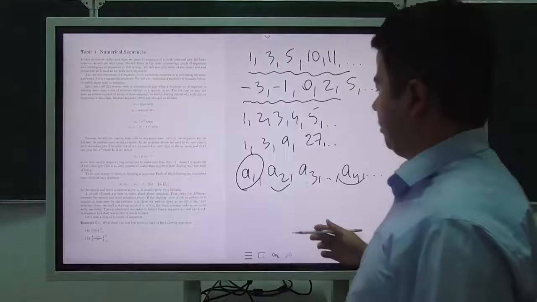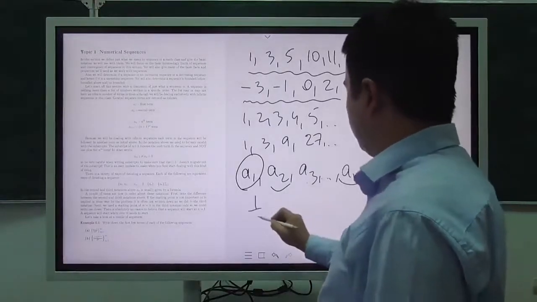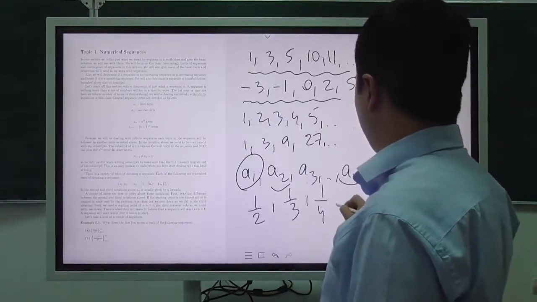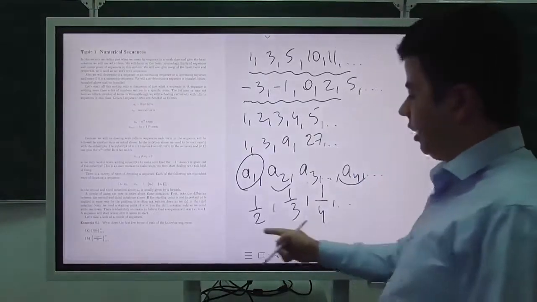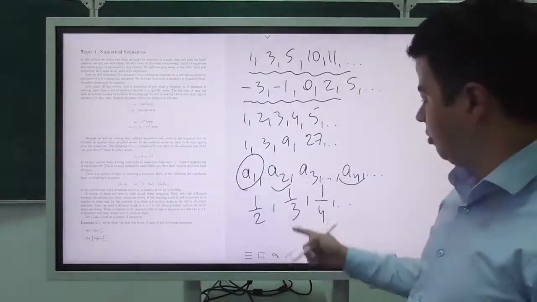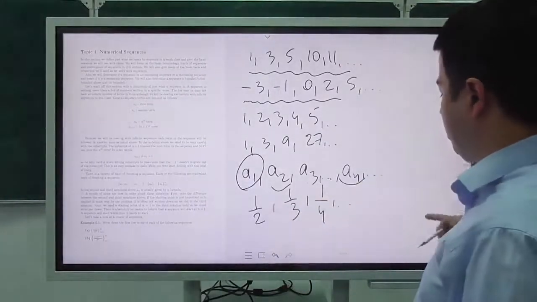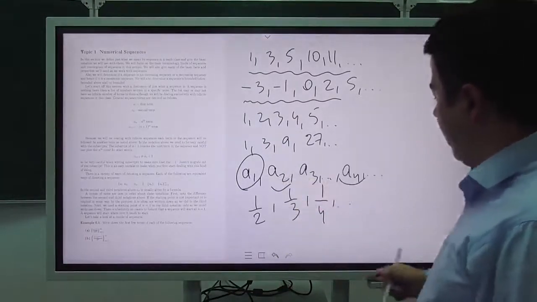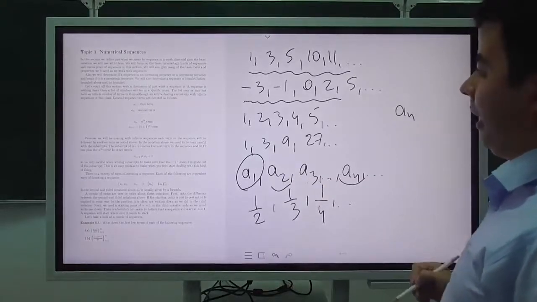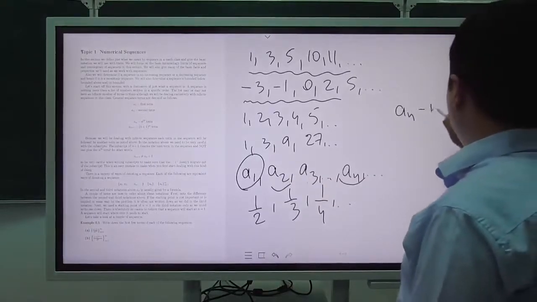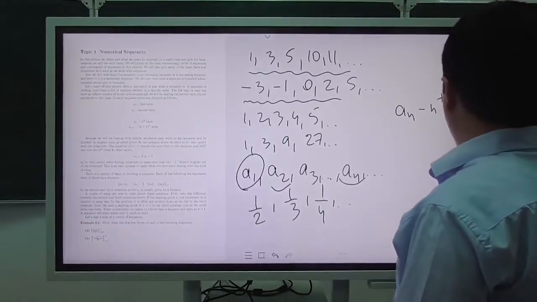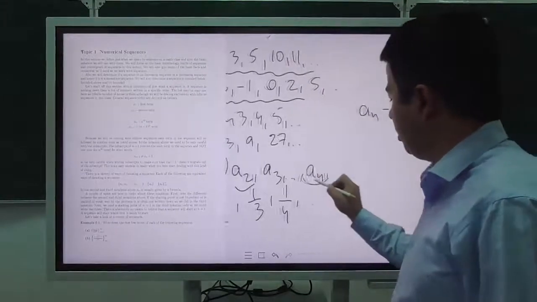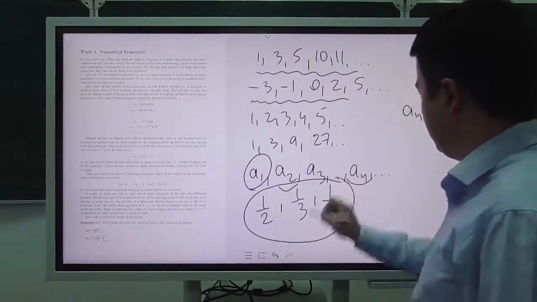If you want to write, for example, 1/2, then 1/3, 1/4, etc. This is now a decreasing sequence because it goes toward 0 here. And an, we call the nth term of a sequence.